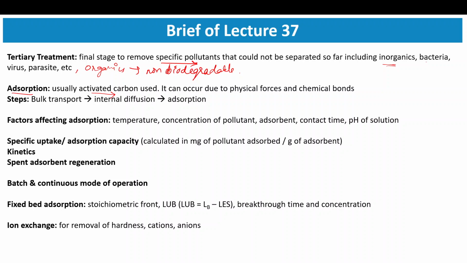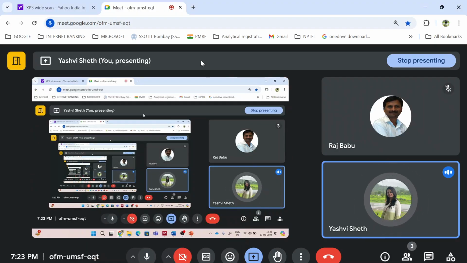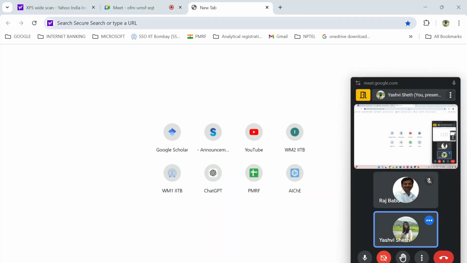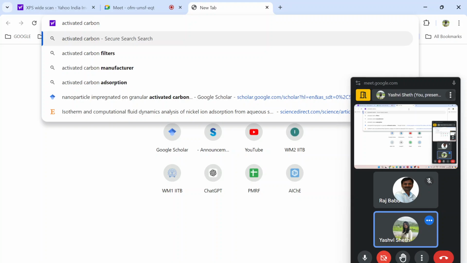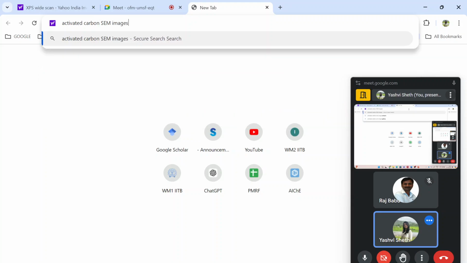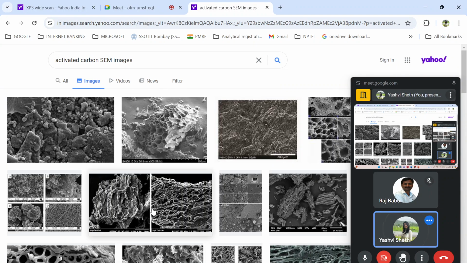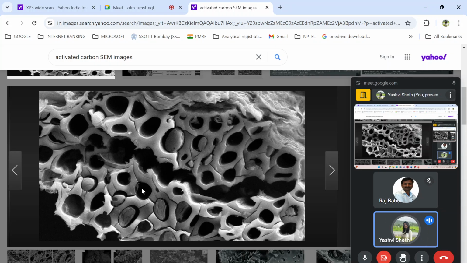If you want to see how the activated carbon surface looks, see here. These are high resolution microscopy images, and all these images show the pores of activated carbon.